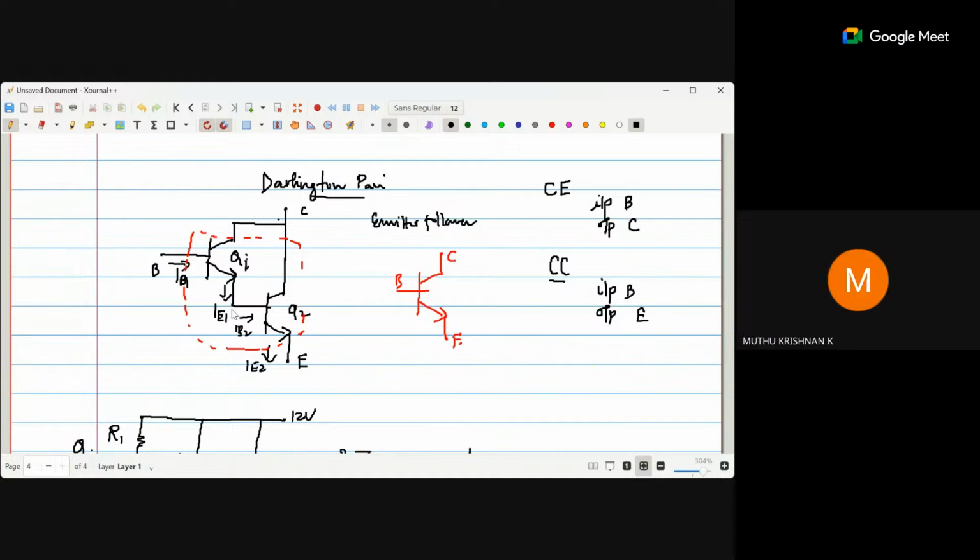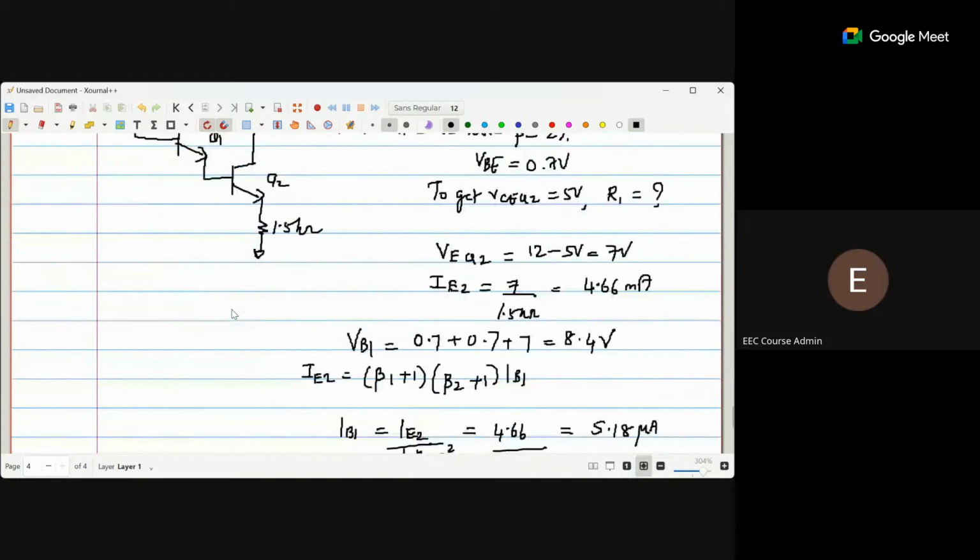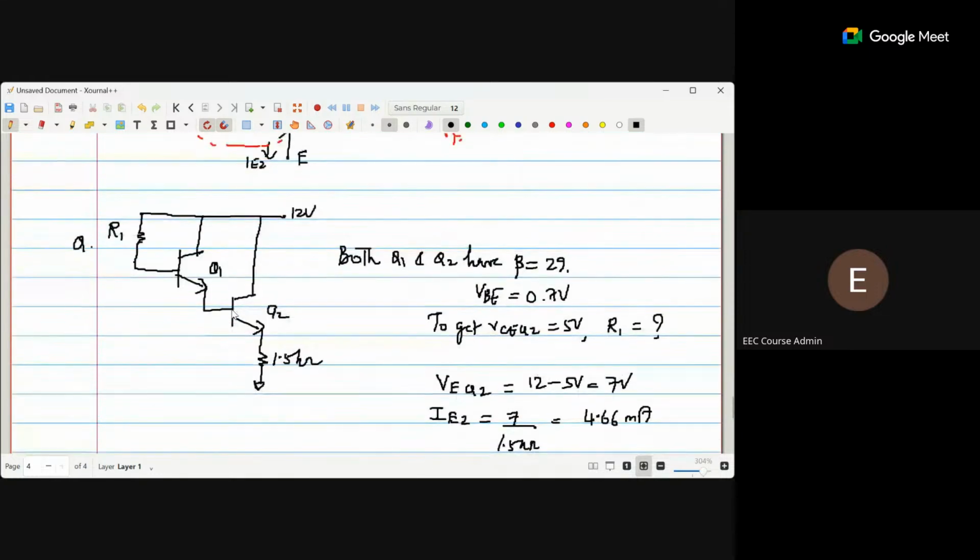But the overall beta is beta square, right, ma'am? That is fine for this question, as both of them are mentioned to be beta 29.